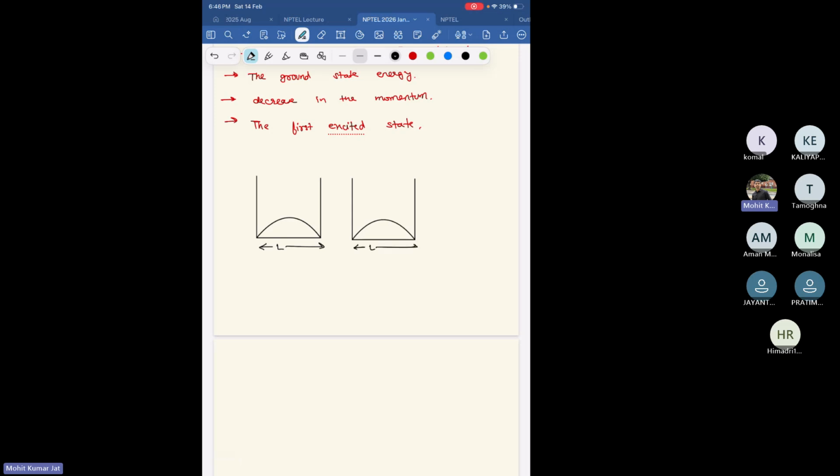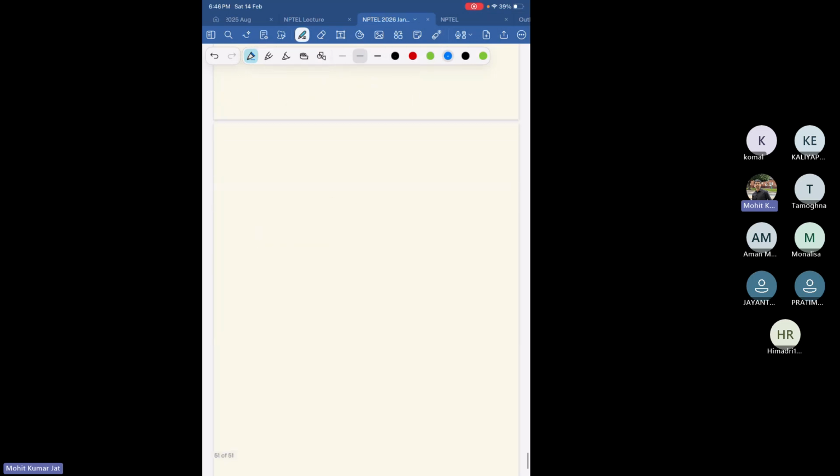Now these two boxes are pushed together, one on the right, one on the left, such that they merge and make something like this, which is around 0 to 2L. And in that also the ground state will be there. So the question is first asking what is the ground state energy, then what is the first excited state energy, and then in the last it is asking what is the decrease in the momentum because of this merging.